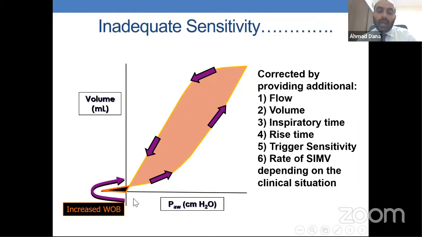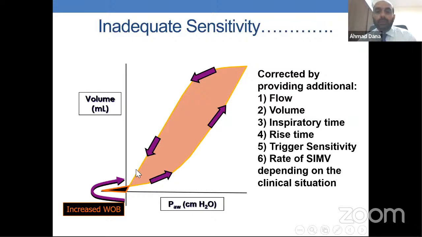Now, the optimum way is to have synchronization. So if the baby generates some sort of effort, the machine has to pick it up to initiate the ventilation. Now, if you set the sensitivity very low, the baby will try to breathe, but unfortunately you are not supporting it by the machine. So again, you will end up with the figure of 8, which is again air hunger.